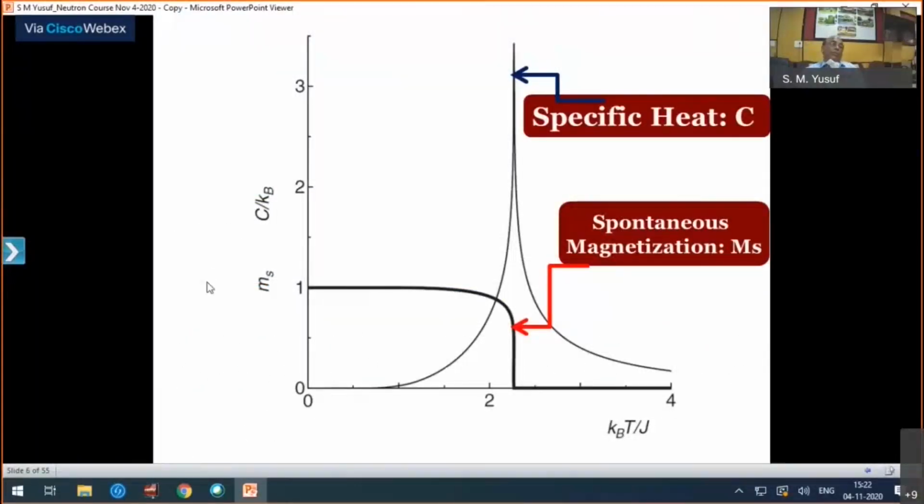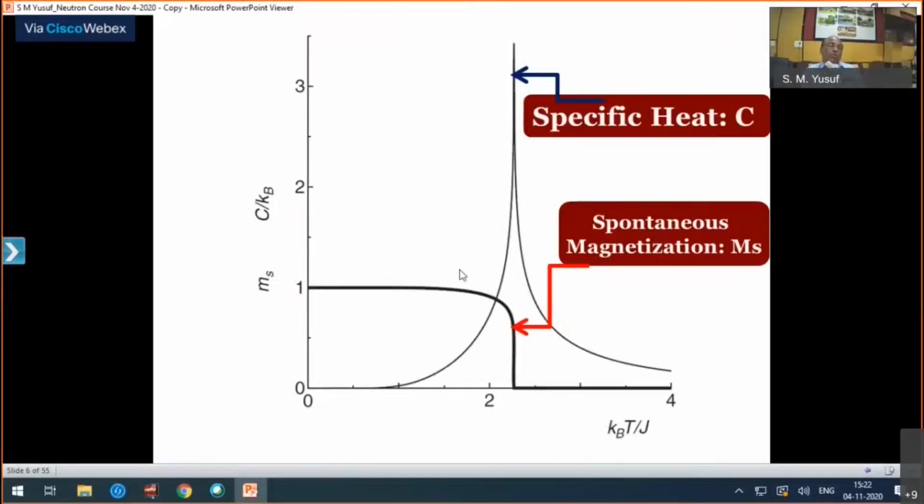So now, as I introduced the so-called magnetic ordering, the regular arrangement of magnetic moments, or spins, how do you quantify it? Of course, you can measure certain physical quantities. For example, specific heat is one physical quantity.